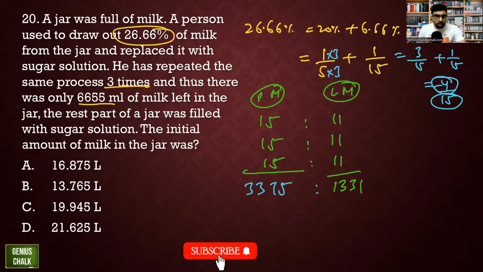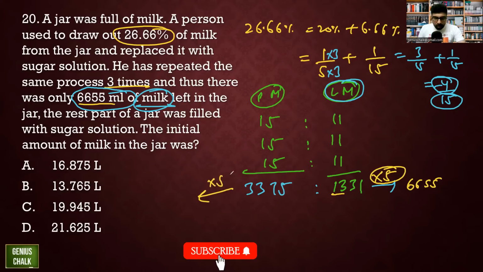Now, what is given? See, there was only 6655 milk left. This is the milk left, which is given as 6655. So if you multiply 1331 by 5 is 6655, this is exactly 5 times. So this also has to be exactly 5 times, right? So just solve it. 75 5s are 375.